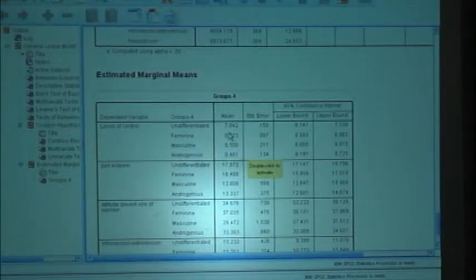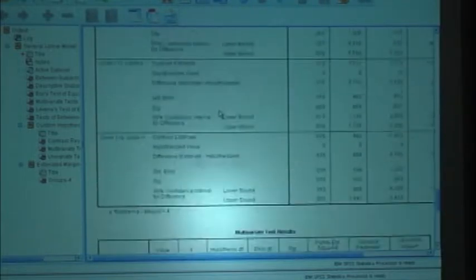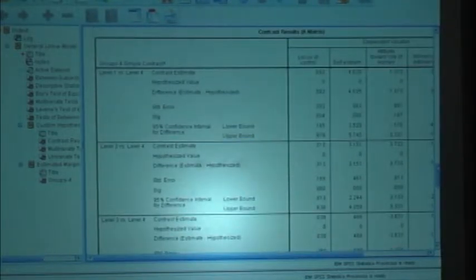I have a quick question while you're on the MANOVA. When you go to run the MANOVA, do you need to change the model from the default to custom? To run MANOVA? No, you don't. The only time we do that is to check assumptions on ANCOVA or MANCOVA. The reason you're thinking of is because we did a MANCOVA that way, just to check the assumptions.